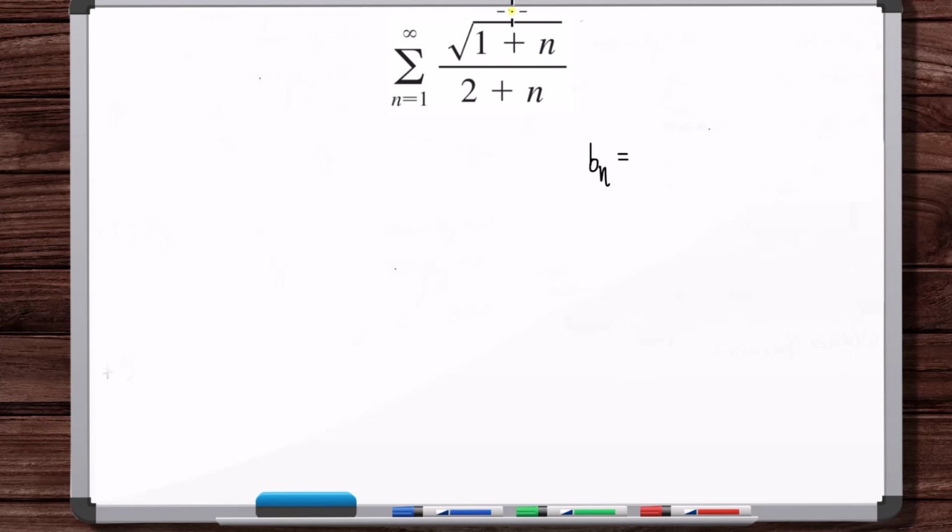A general way you could look at it is to take the highest order term in the numerator divided by the highest order term in the denominator, and that's going to be your b sub n.